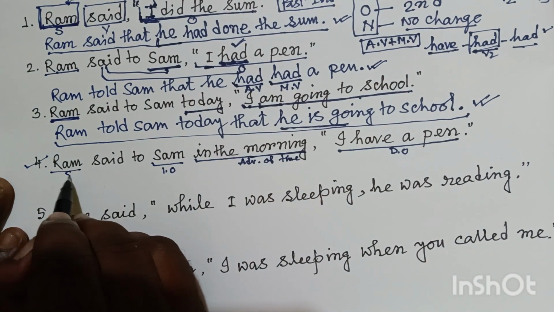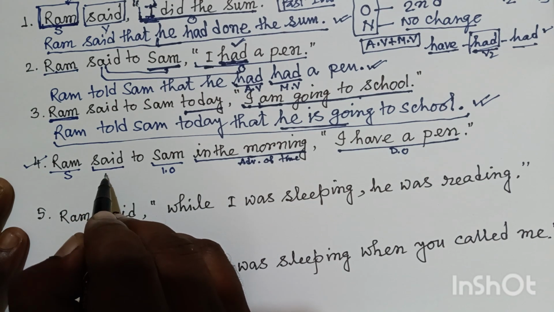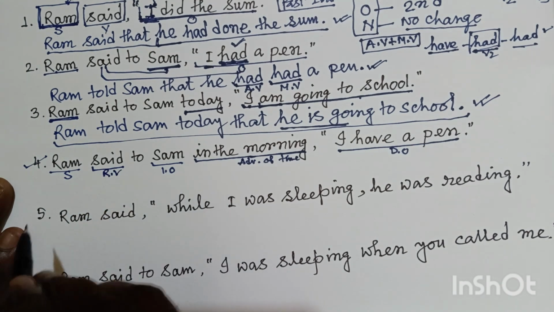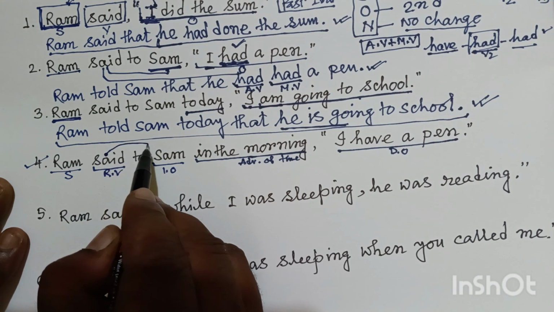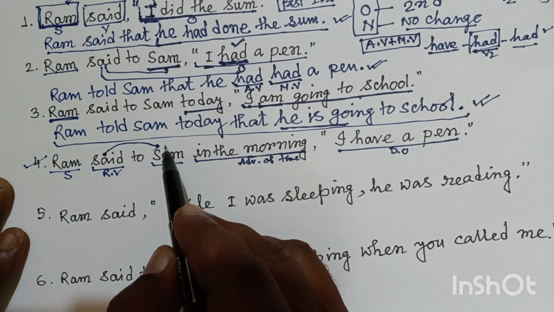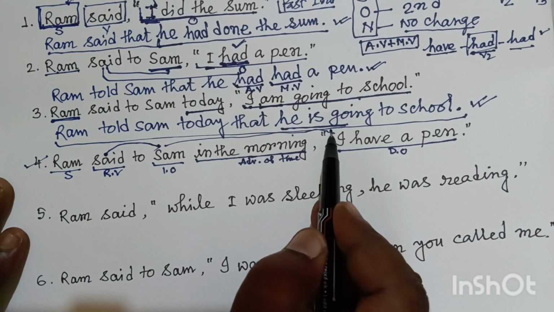This is the direct object. This is the indirect object. This is the adverb of time. This is the subject. And this is the reporting verb "said." So this verb "said" has two objects, one and two.